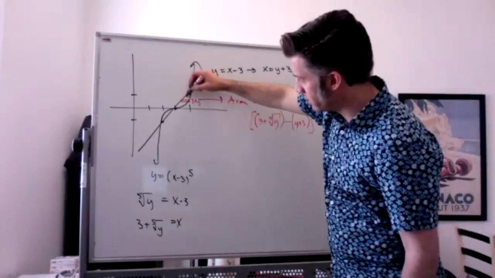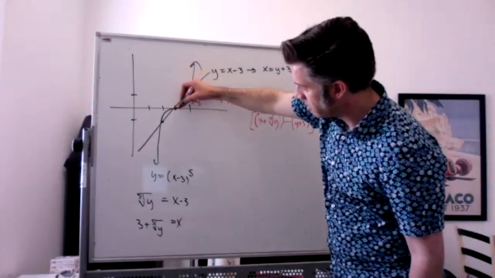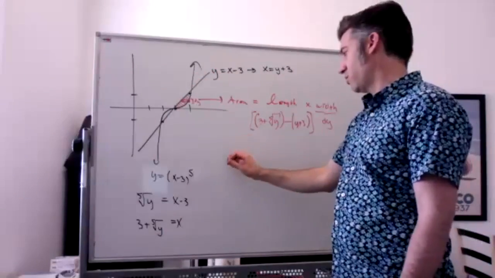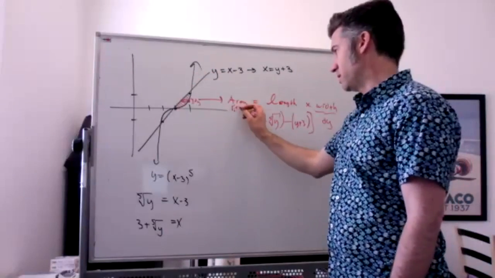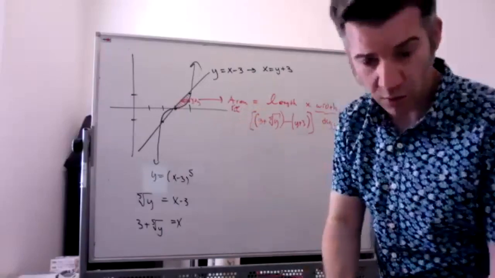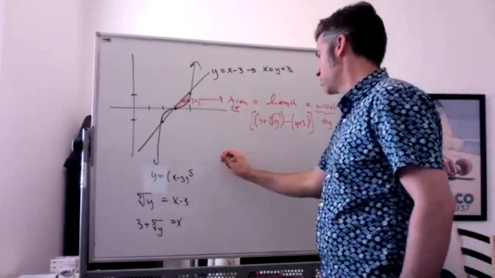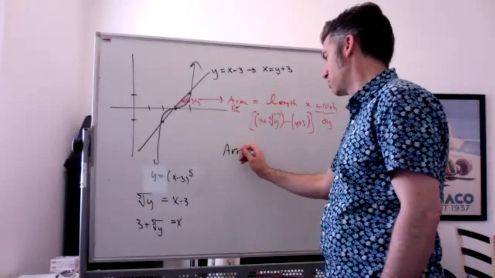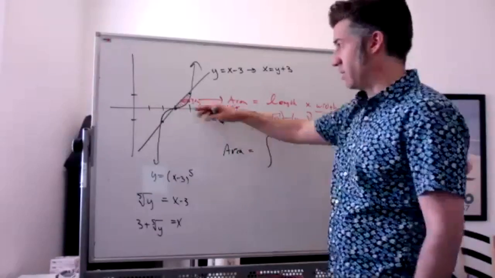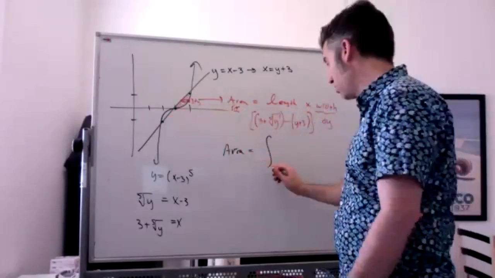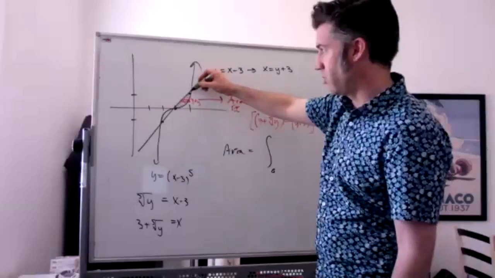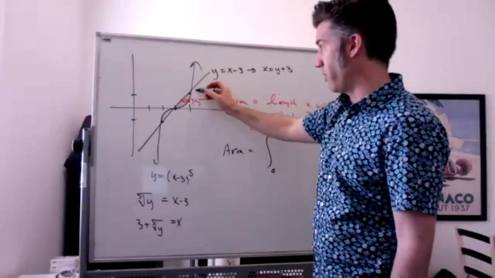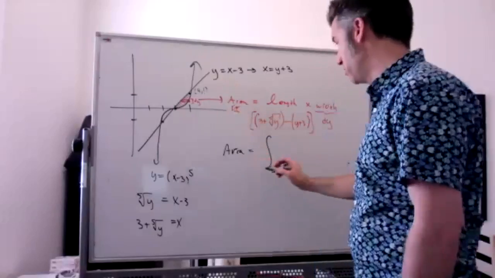So for this region here, that's the area of the rectangle, and the total area would be the integral from as low as those go, which is 0, to as high as those go, which was y equals 1. x is 4, y is 1.